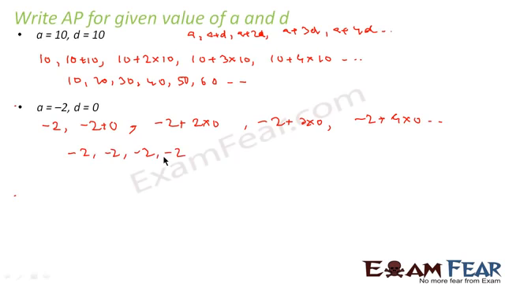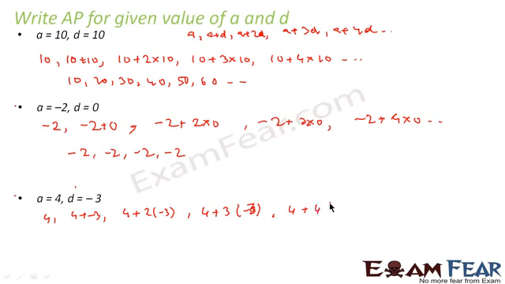Let's take one more example. Here A is equal to 4 and D is equal to minus 3. So if you see this, the series will be: A, then A plus D, that is 4 plus minus 3, A plus 2D, that is 4 plus 2 into minus 3, A plus 3D, that is 4 plus 3 into minus 3, A plus 4D, that is 4 plus 4 into minus 3.